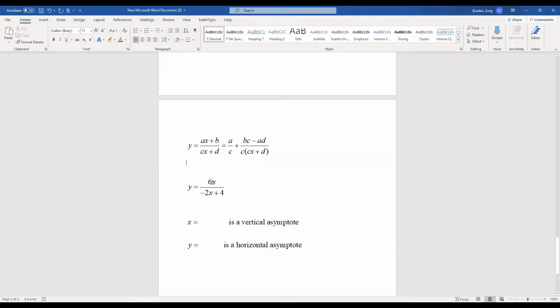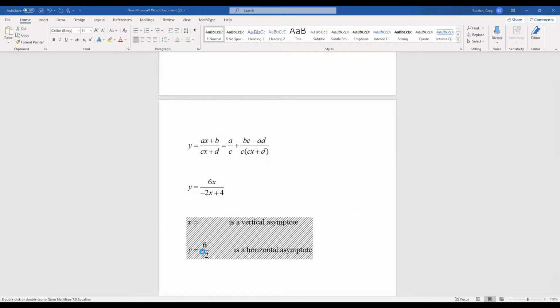If you take the lead coefficient of x here and lead coefficient of x there, as long as they both have the same degree, and they do, they're both first degree, they're both linear, well, you can take this lead coefficient divided by that lead coefficient, that will give me the horizontal asymptote. If the degrees are different, it doesn't work. We'll go into that in some later video. But for now, we have 6 divided by -2. And so I'll put that in here. So in the numerator, -2 in the denominator. And of course, 6 divided by -2 is -3.